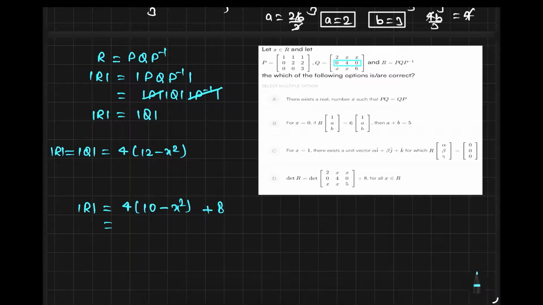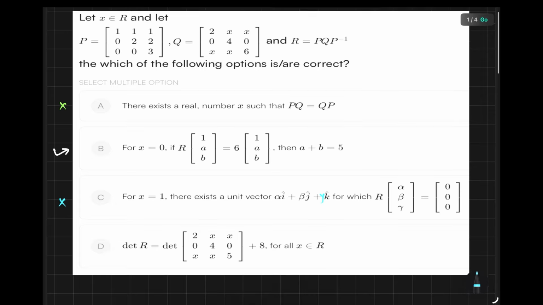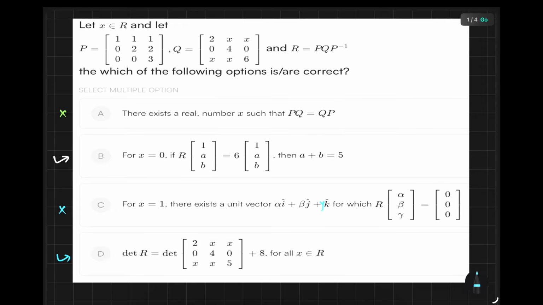So it is 40 minus 4x square plus 8. So it is 48. Sorry, here it should be 4x square, 4x square plus 8. So it is 48 minus 4x square. Here also it is 48 minus 4x square, means option D is correct. Okay, this means option D is correct. So the correct options for this question are B and D.